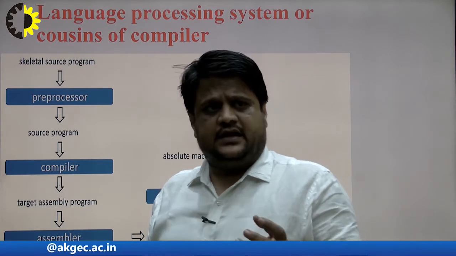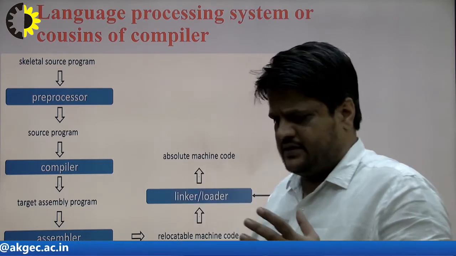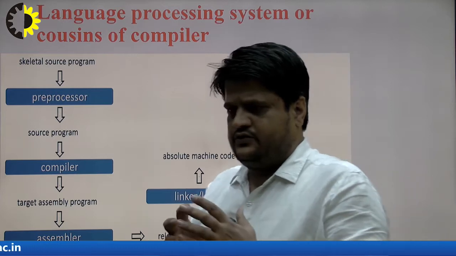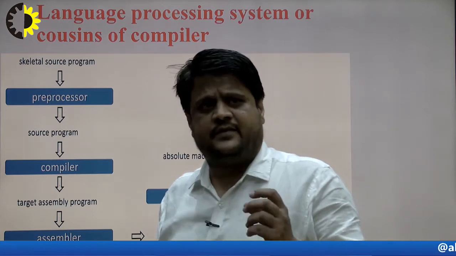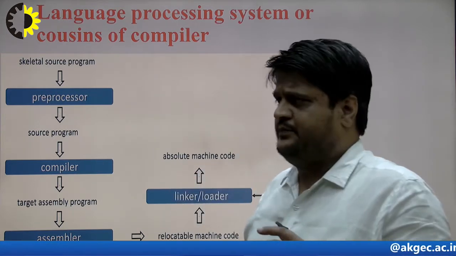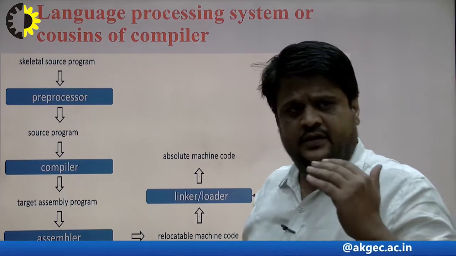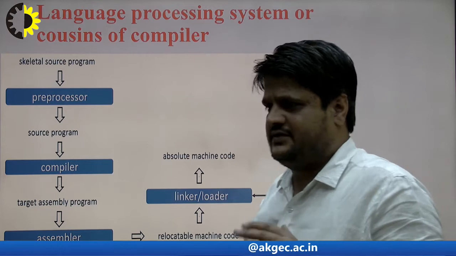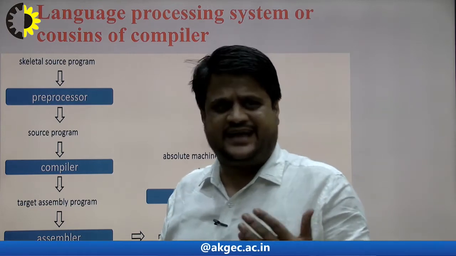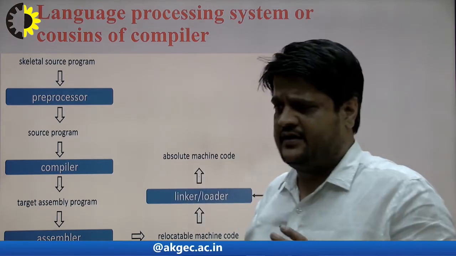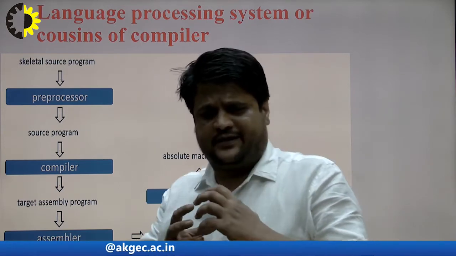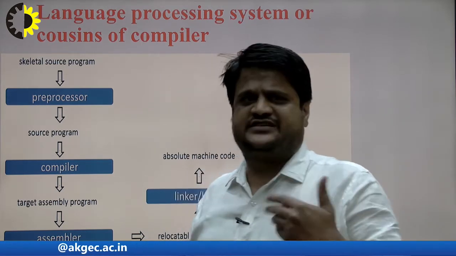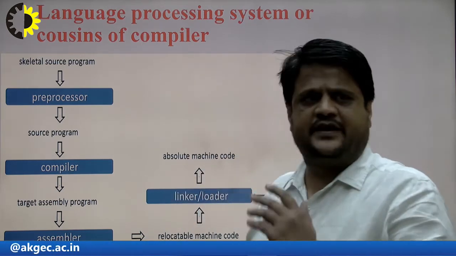So to depict the working of the conversion, people use a series of various processors. They also support the compiler, due to which they are also called the cousins of the compiler. So a series of processors is called the language processing system, or the cousins of the compiler.